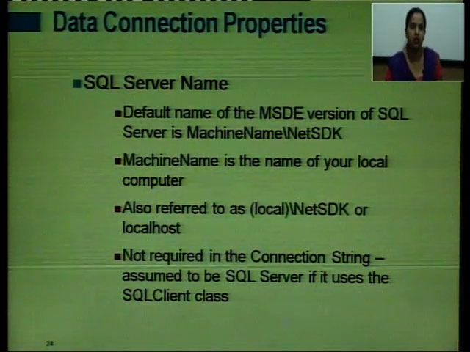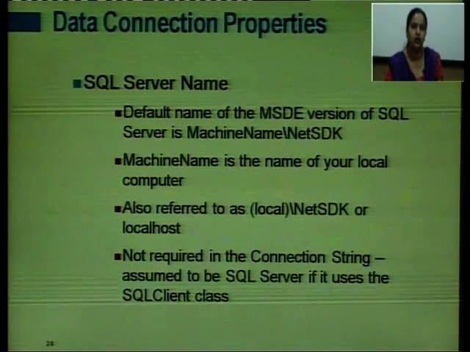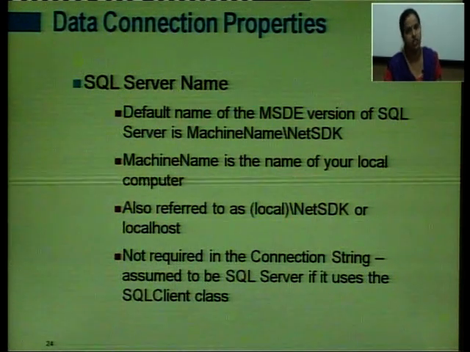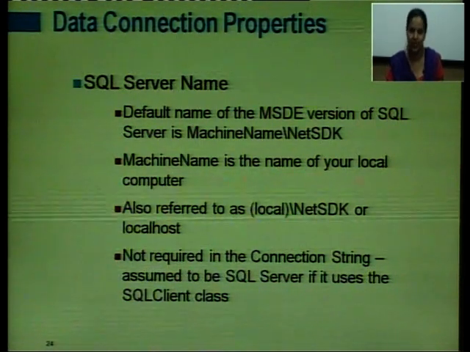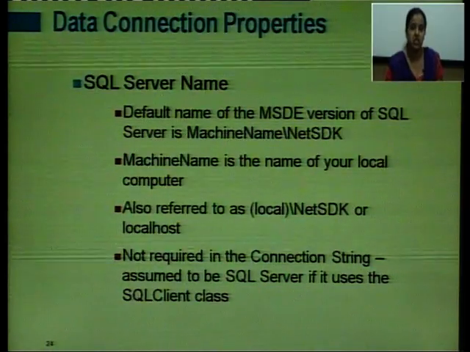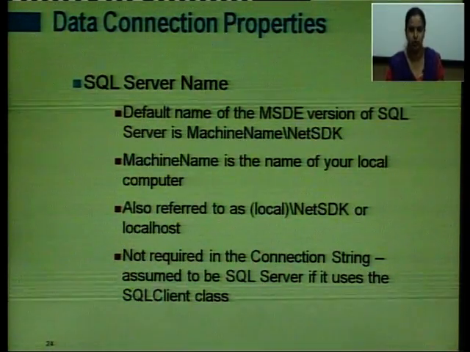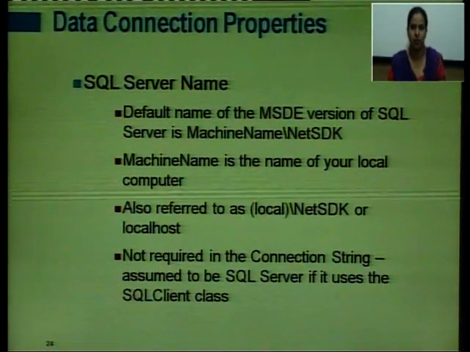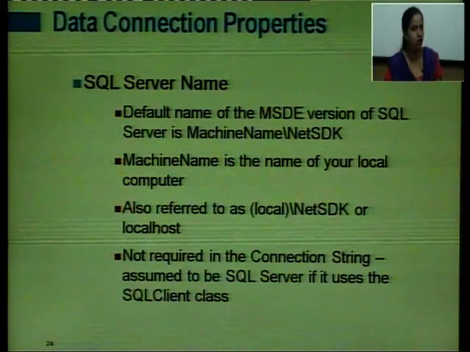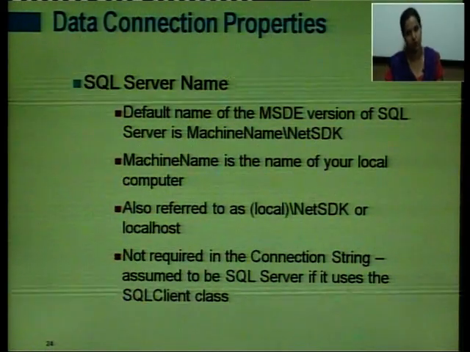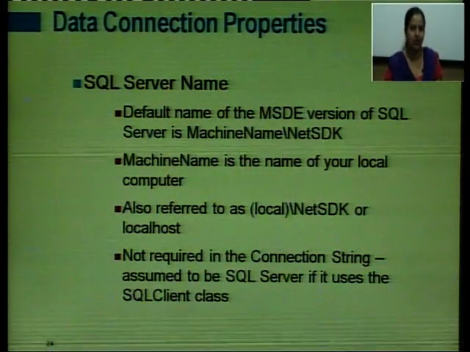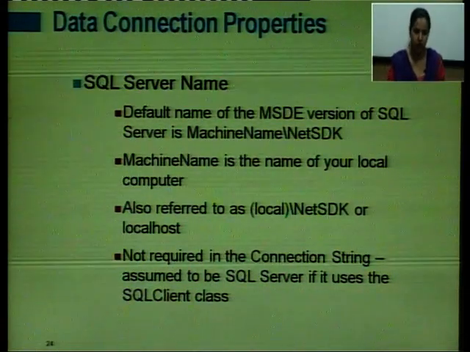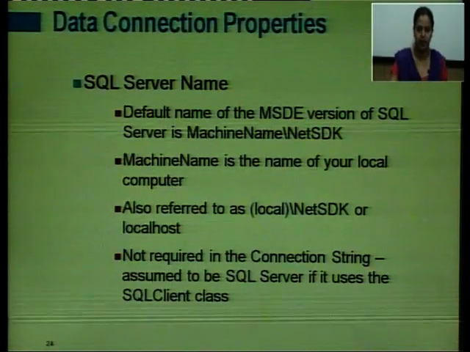You have to give the name of your server, and the default name of the MSDE version of SQL Server is machine name\NetSDK. This machine name is the name of your local computer from which you are accessing the data. It is also referred to as (local)\NetSDK or localhost. It is not required in the connection string, and is assumed to be the SQL Server, if it uses the SqlClient class.